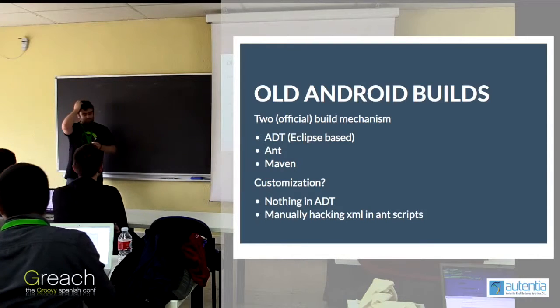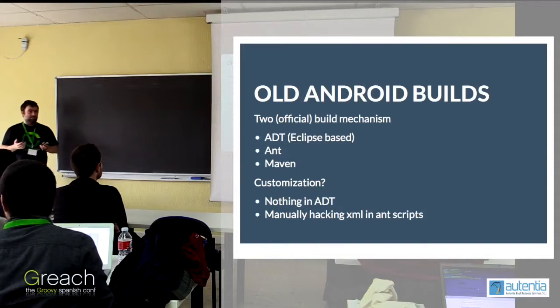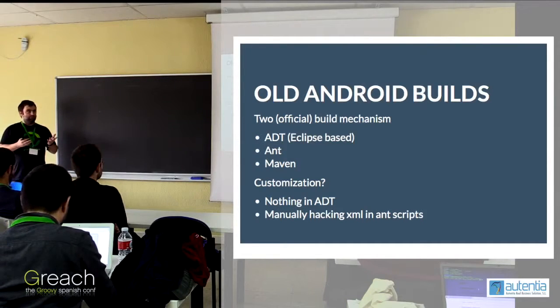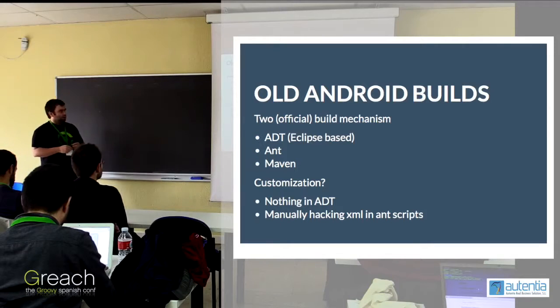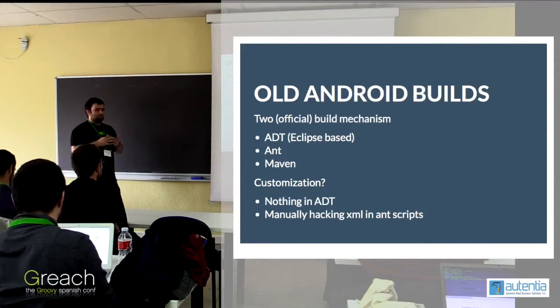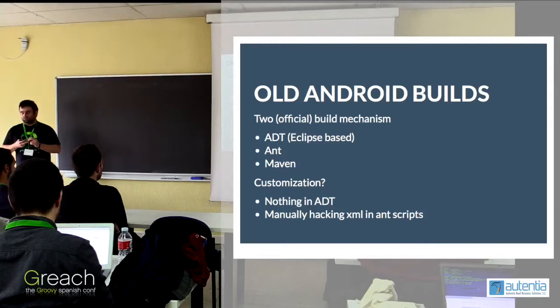But when it comes to customizations, there was more or less nothing in there. There's nothing in ADT; well, you can export an APK, but to customize the process of building that APK, there was nothing in it. I don't know if you might be able to hack into the Eclipse extension points, whatever.